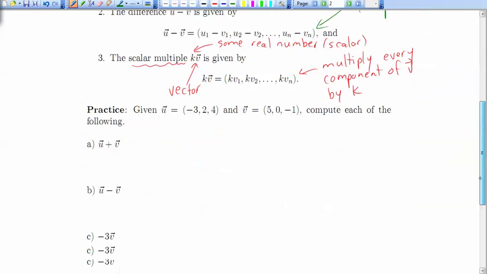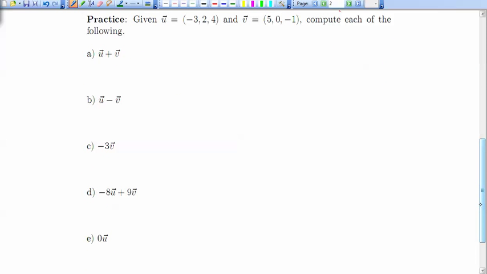All right, let's try some examples here. So at the top here, we see two different vectors, u and v, and we're going to calculate a bunch of different arithmetic expressions. We're going to simplify them. So if we just straight up add them up, we're going to get -3 plus 5 will be my new first component, 2 plus 0 will be my second component, and 4 minus 1 will be my third component. I'm just adding up the pairwise components here.